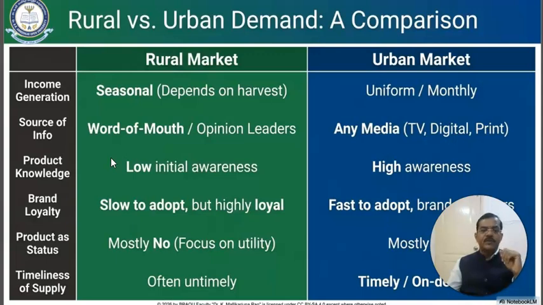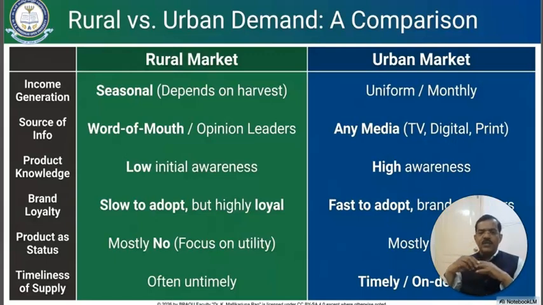The product knowledge, whereas the rural markets, rural people have the low initial awareness of the products, but whereas urban people have high awareness about the products. Coming to the brand loyalty, slow to adopt, but here fast to adopt for urban consumer to easily switch the brands, but rurals do not switch that much as urban people shift.